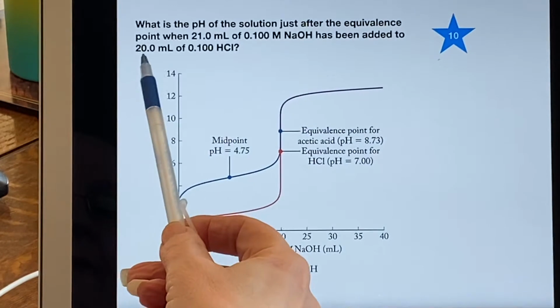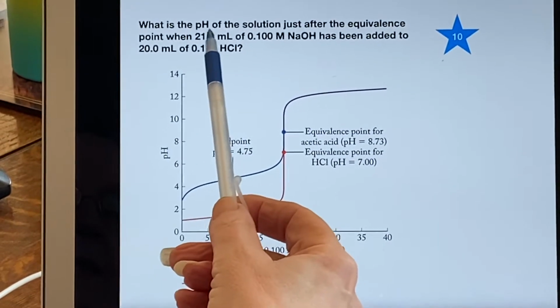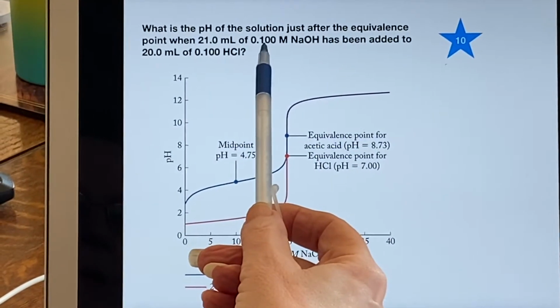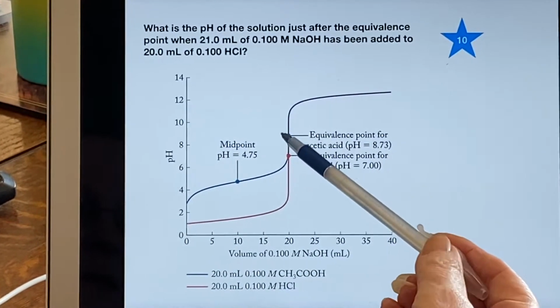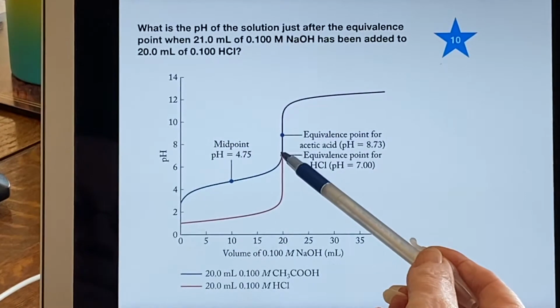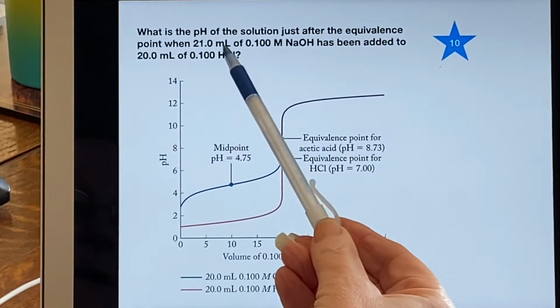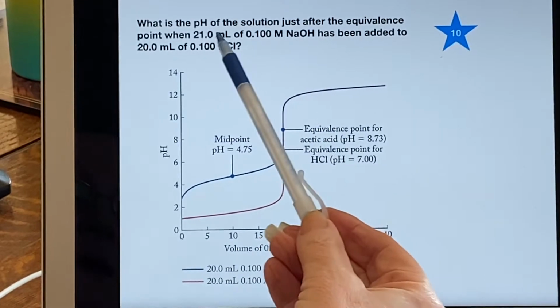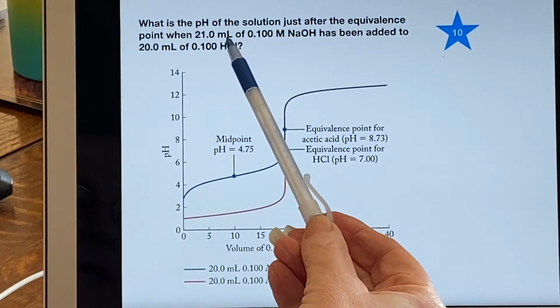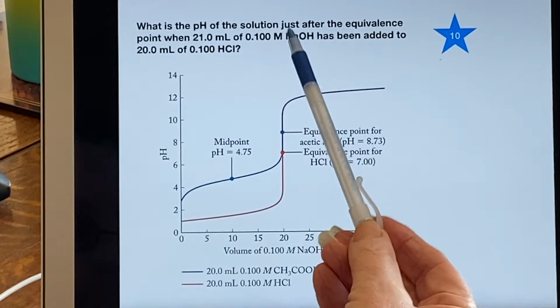This was 20 milliliters at 0.1. When 20 milliliters of 0.1 has been added, that's when we were at the equivalence point. That means what wasn't used up at the equivalence point is 1 milliliter of the 0.1 molar.